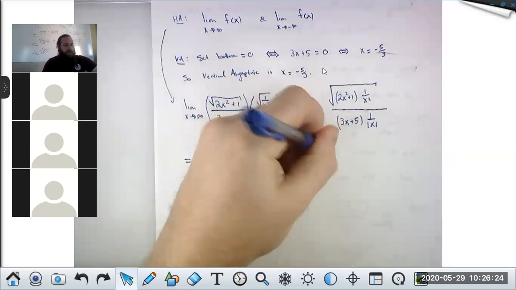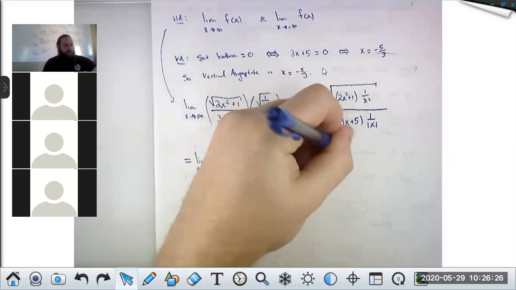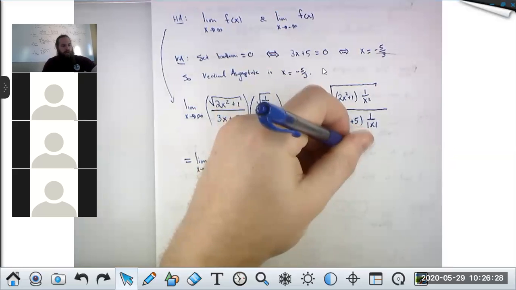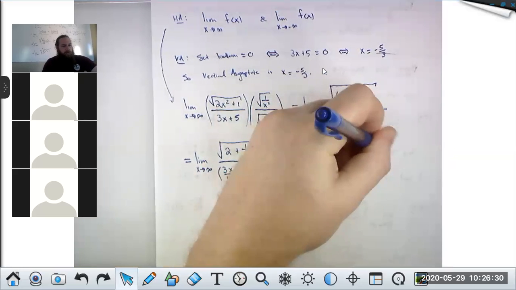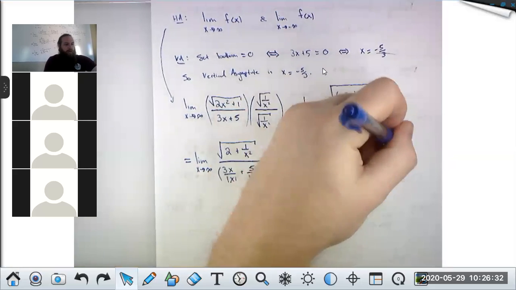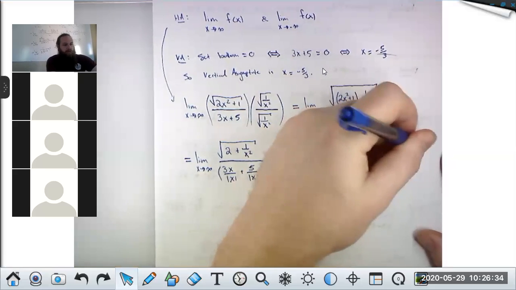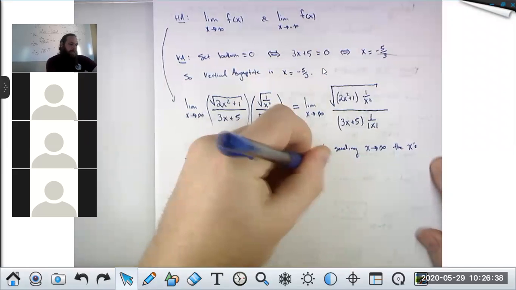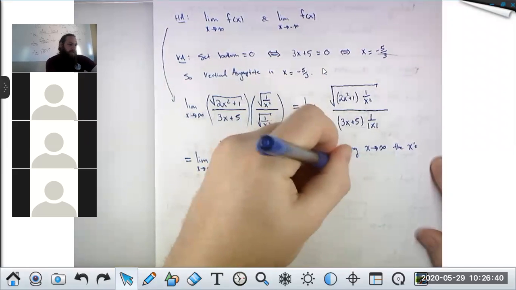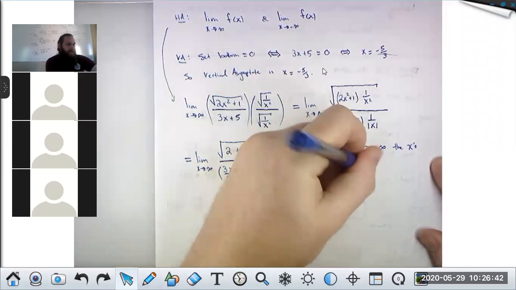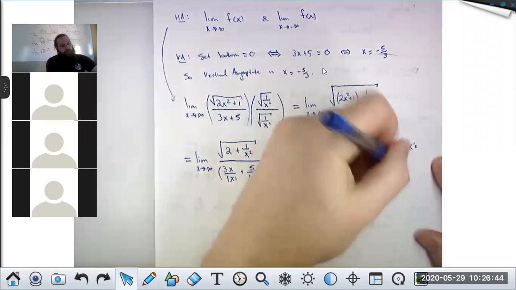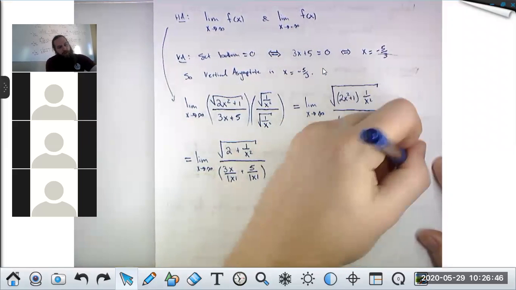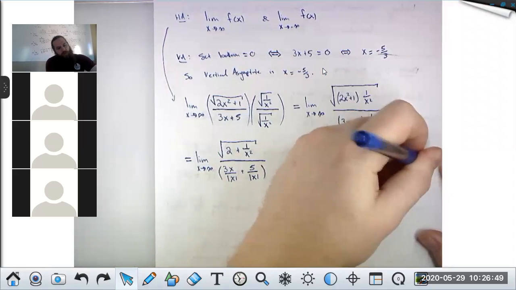Since we're sending x to positive infinity, the x's we're considering here are greater than 0. So the absolute value of x is just x.